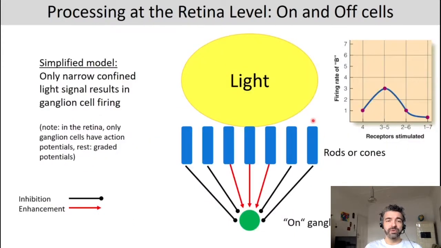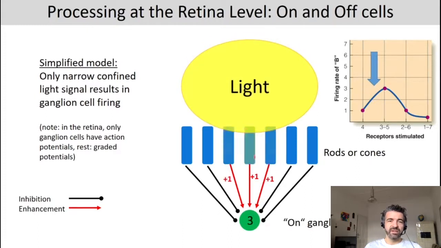Now it is very important to note that already at the retinal level, the ganglion cells are not just firing the more light you present to them, the more stimulation you have. They already respond to very specific light patterns. For example, this ganglion cell will only fire if you have a very narrow, confined light signal. So, for example, if only one photoreceptor is activated, this is an enhancement, an activation signal. This means that the ganglion cell might get some activation, might even fire, but not very likely.